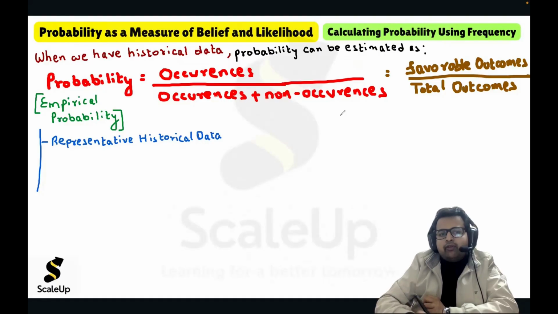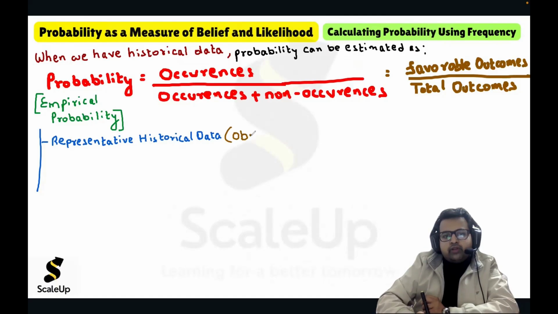So we should have historical data. Interestingly, this representative historical data plays a role in observing frequencies, and with it we can observe frequencies and even learn patterns. One more interesting thing: in empirical probability, events can be repeatable.